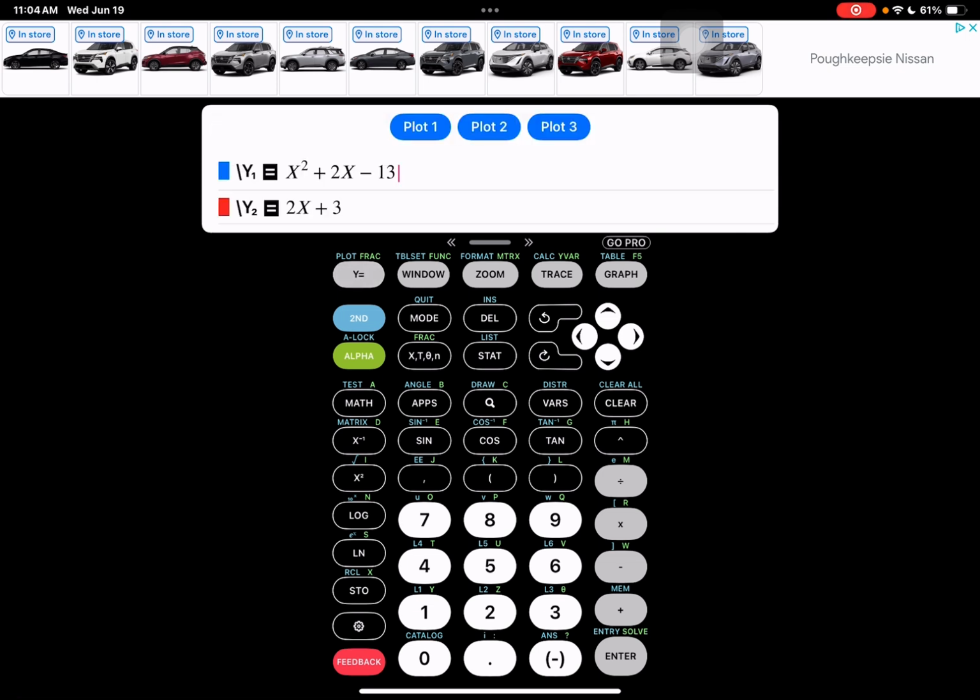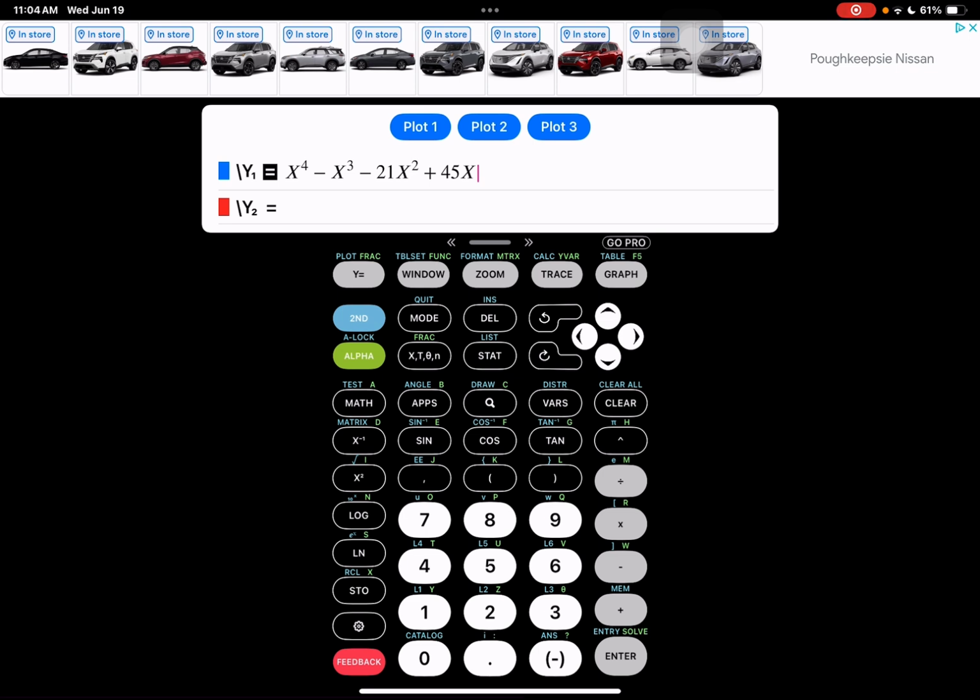You go y equals, let me clear this, and we put in x to the 4th minus x to the 3rd, x raised to the 3rd is above the divide button, minus 21x squared plus 45x. This one you could factor, but let's just take care of it this way.